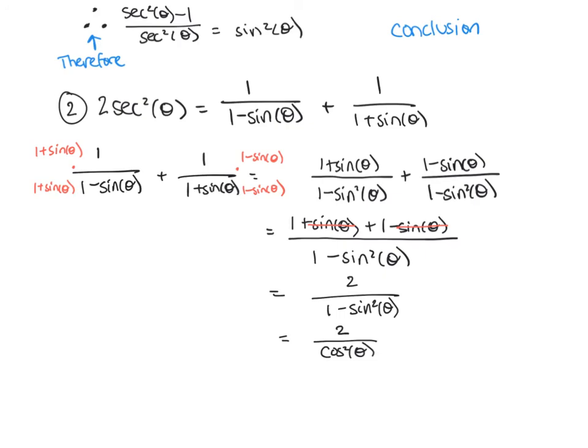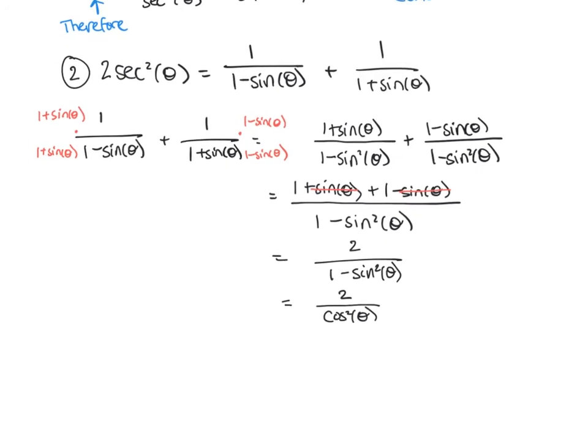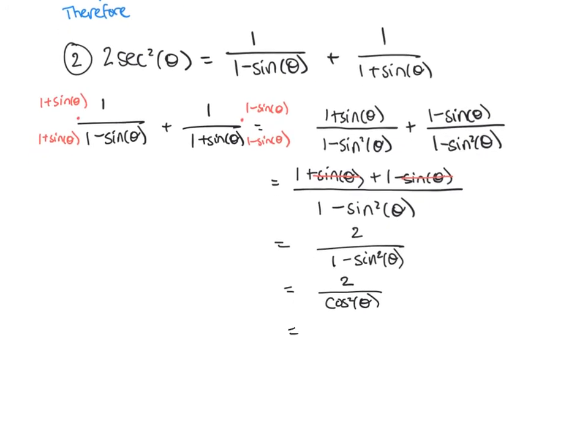I'm going to go back and take a look. I see I'm supposed to end up with a secant squared. Well, I have a cosine squared, and I know that those two things are related. So if I separate this out into 2 times 1 over cosine squared theta, I know that 1 over cosine squared theta is a reciprocal identity.